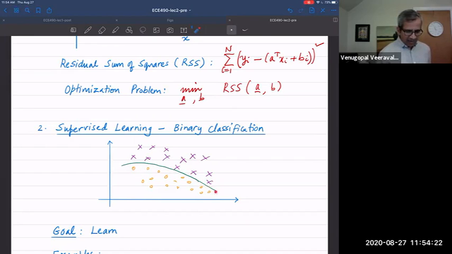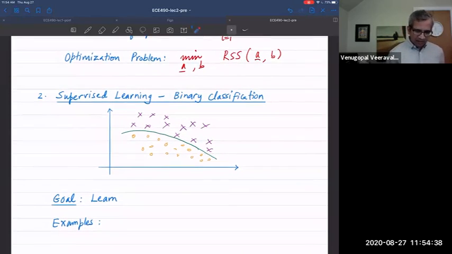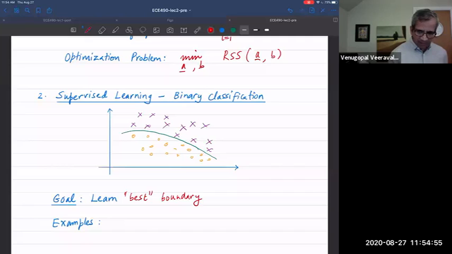If you can find a good boundary that separates these training data points, then maybe you can use that boundary to classify a new point as either orange or blue. That's the idea behind supervised learning, supervised classification. So basically the goal here is to learn, in some sense, the best boundary, and best really depends on how you define the problem. So there's some best boundary to separate the classes.